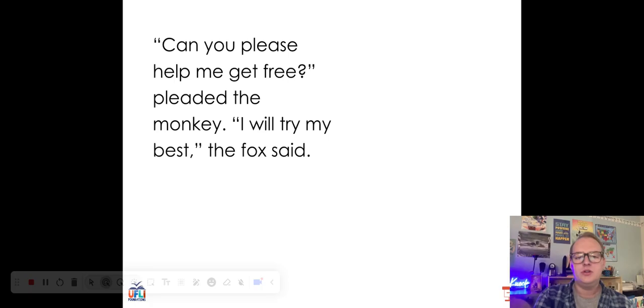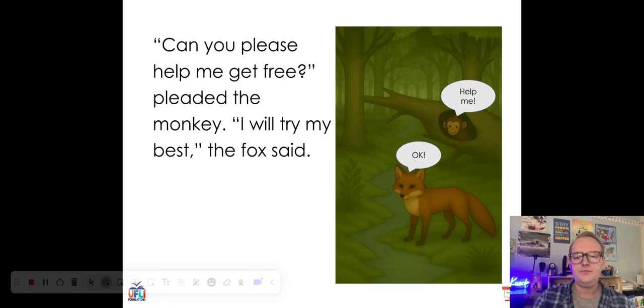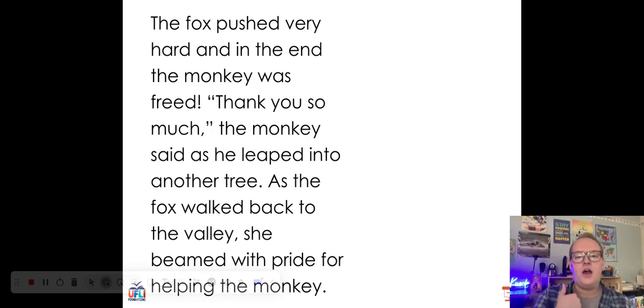Can you help me get... I will try my best, the fox said. The fox pushed very hard, and in the end, the was... Thank you so much, the said as he onto another tree. As the fox walked to the, she beamed with pride for helping the.